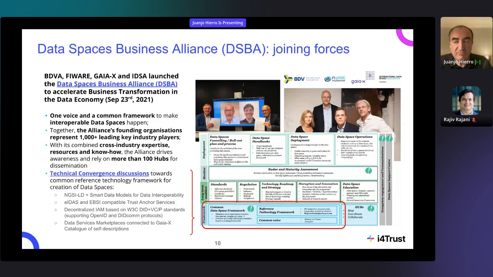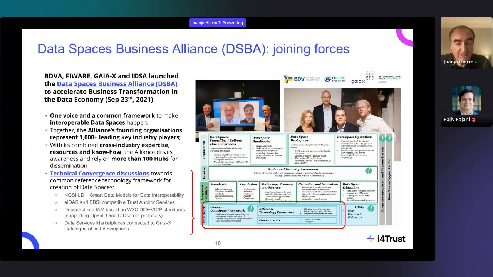I think it's a very relevant initiative nowadays, helping to materialize the vision of data spaces in Europe, which was created by a number of associations that joined forces: the Big Data Value Association, the FIWARE Foundation, Gaia-X, and IDSA, the International Data Space Association.